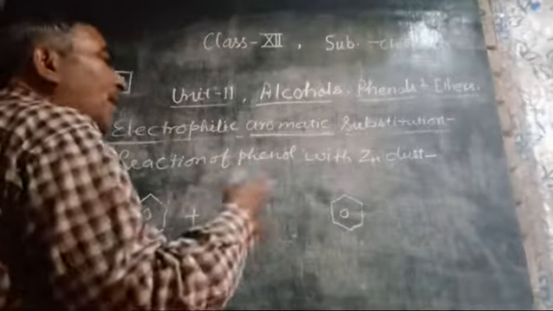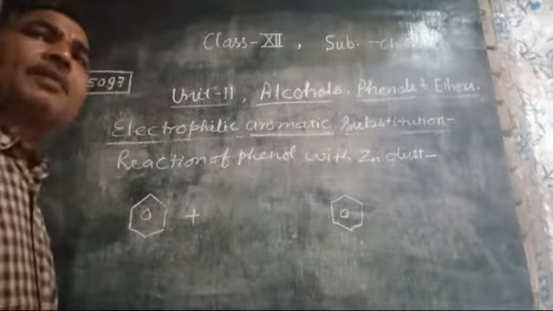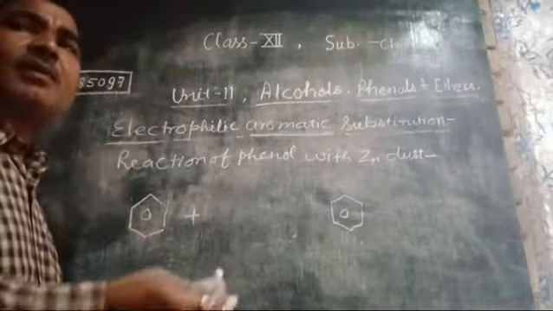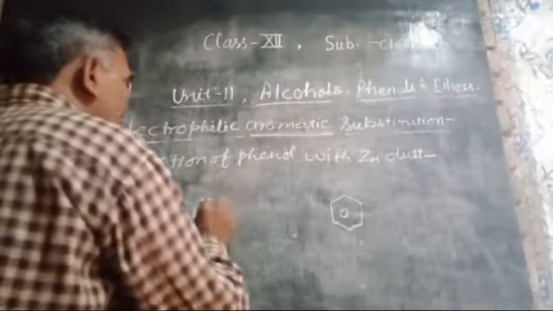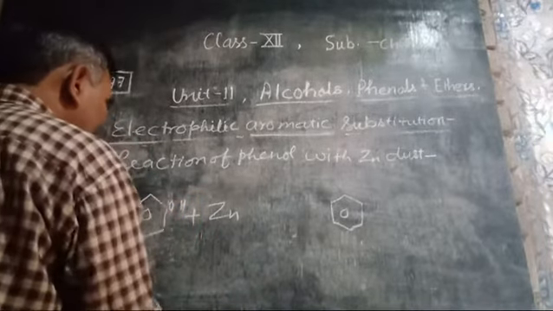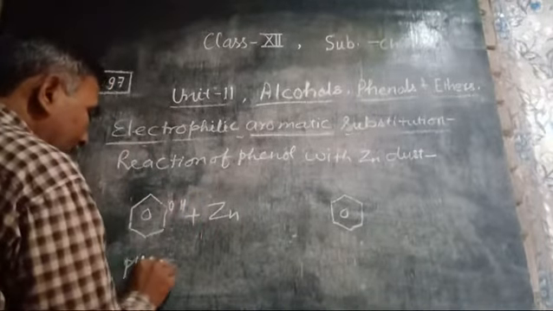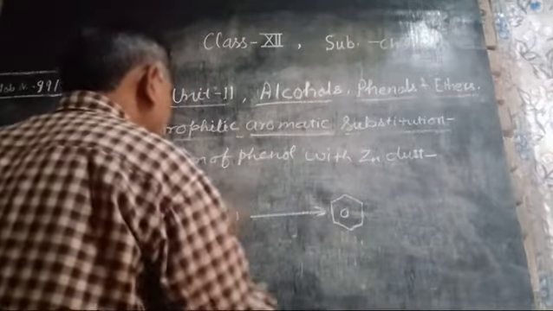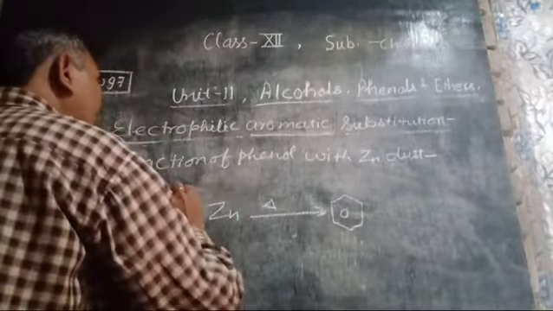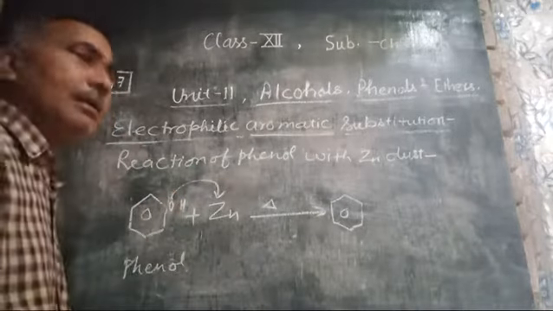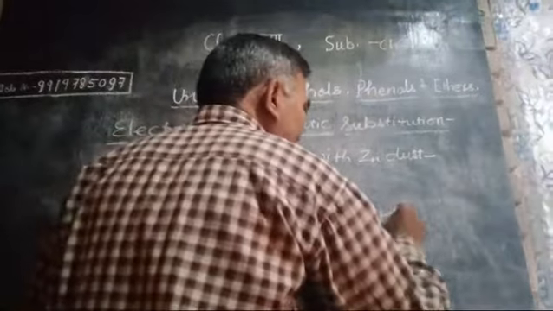If the dust, means powder, is used, then the reaction takes place faster. When phenol is treated with zinc, then oxygen combines with zinc and benzene is obtained.